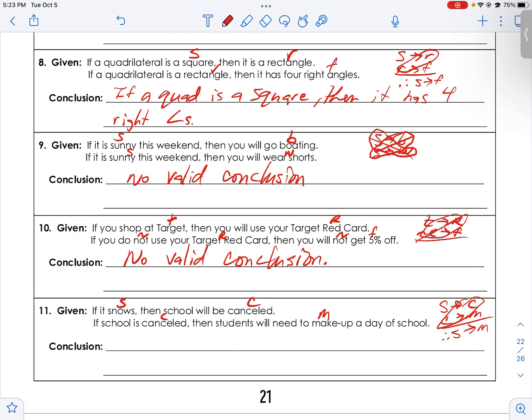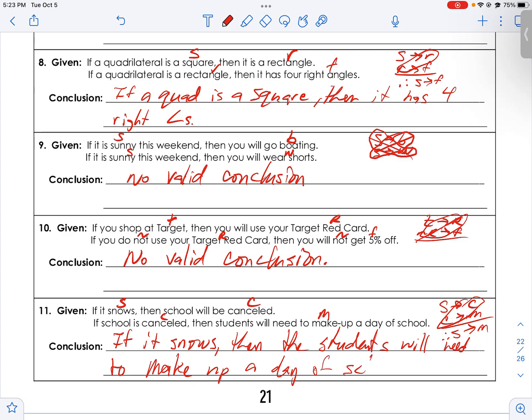So S, therefore if S, then M. If it snows, then the students will need to make up a day of school. Okay.